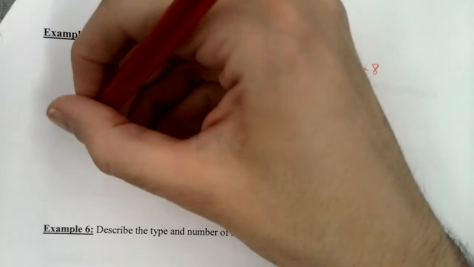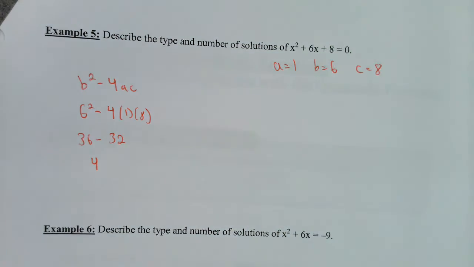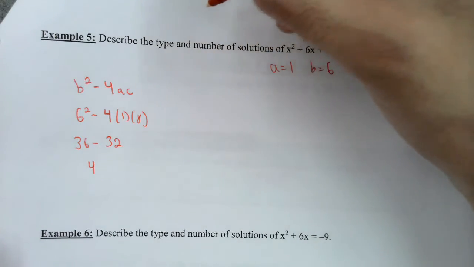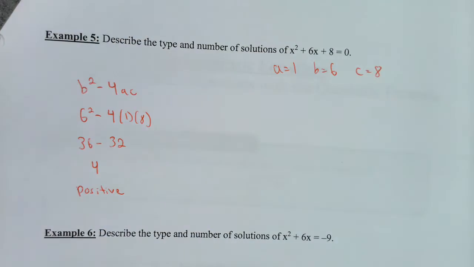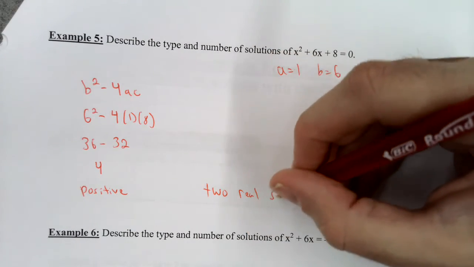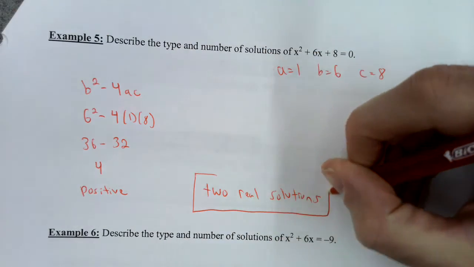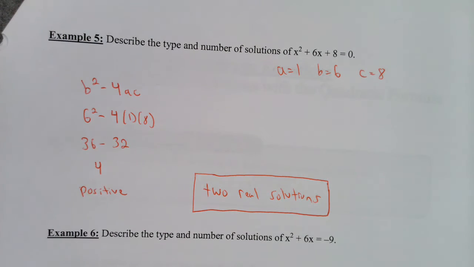That gives us 36 minus 32, which equals 4. If I said evaluate the discriminant, your answer would be 4. But describe the number and type of solutions: since 4 is positive, we have two real solutions. As long as this number is positive, we have two real solutions.